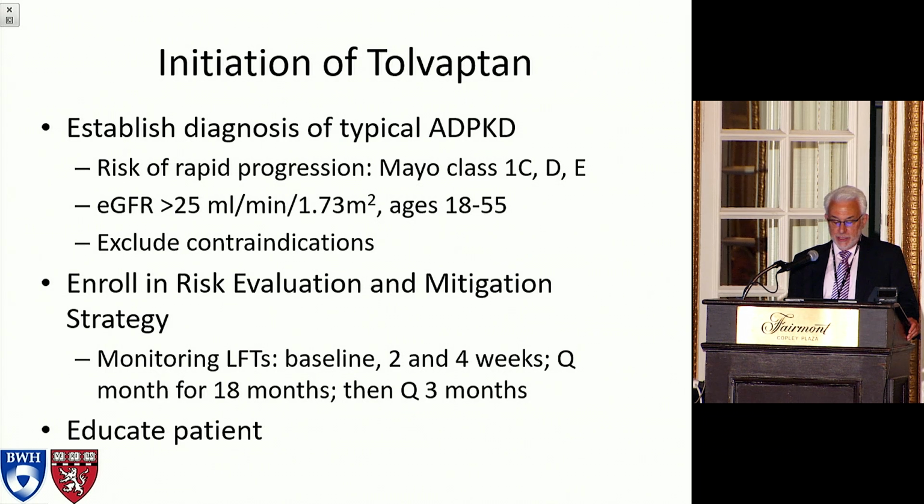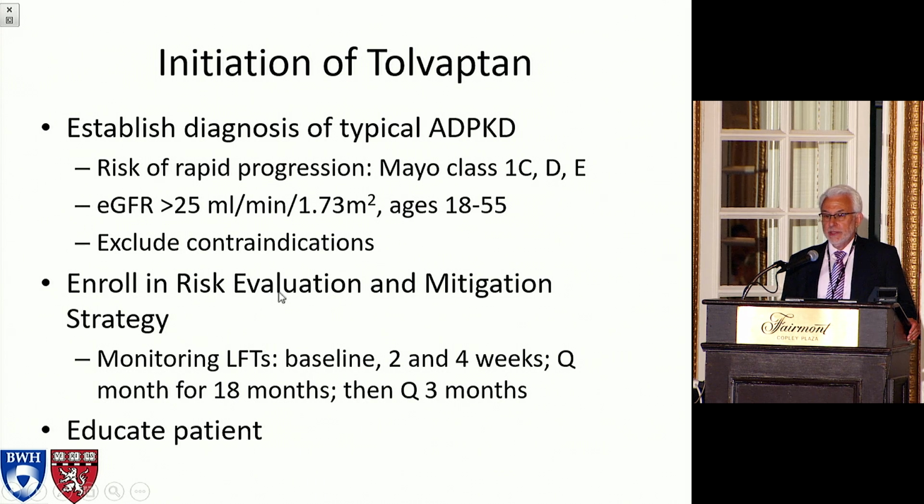So to initiate tolvaptan, you have to establish the diagnosis of typical ADPKD, establish the risk of rapid progression, Mayo classes 1C, 1D, 1E. We propose a GFR greater than 25 and individuals aged 18 to 55. Exclude those with contraindications related to impaired ability to sense thirst, liver disease, etc.